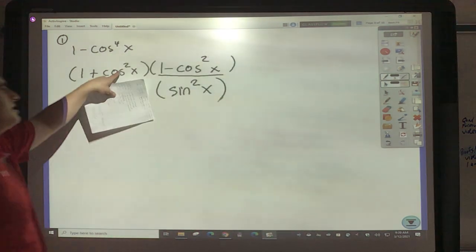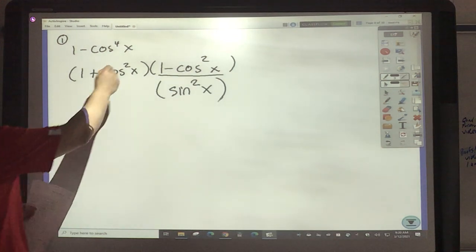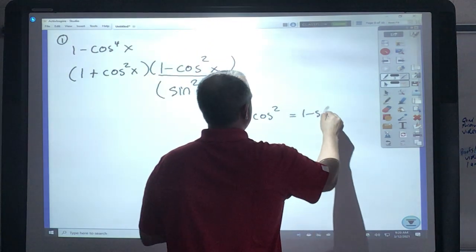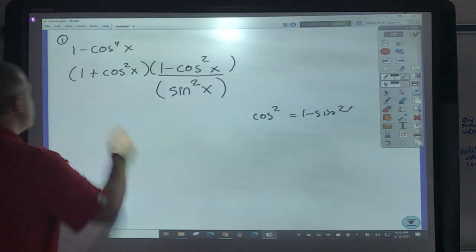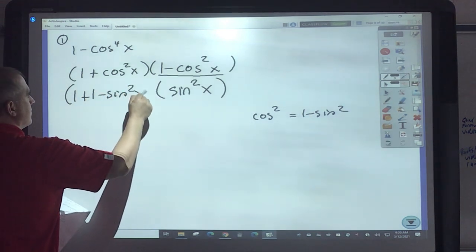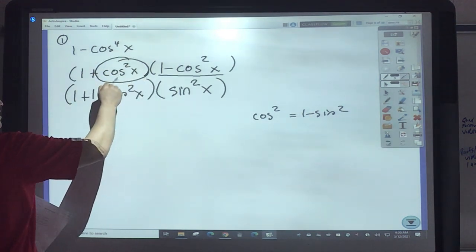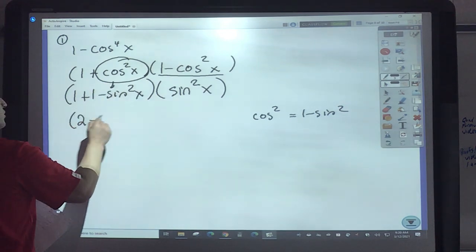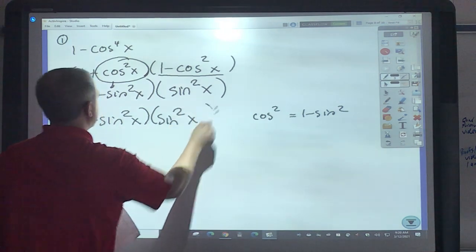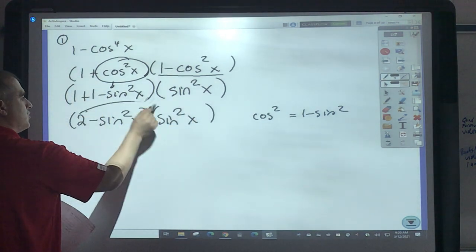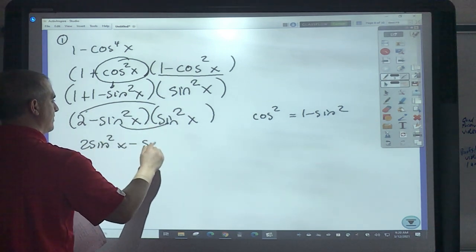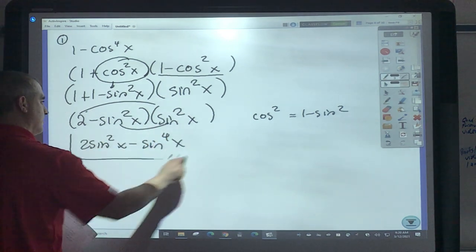Now, this one doesn't have an identity, but what I know is that cosine squared is equal to 1 minus sine squared. So this will be one of those times I'm going to replace this stuff here. So I replace this with this. If I combine that, that's 2 minus sine squared of x. And then all I have to do is distribute it. That'd be 2 sine squared of x, negative sine to the 4th x.